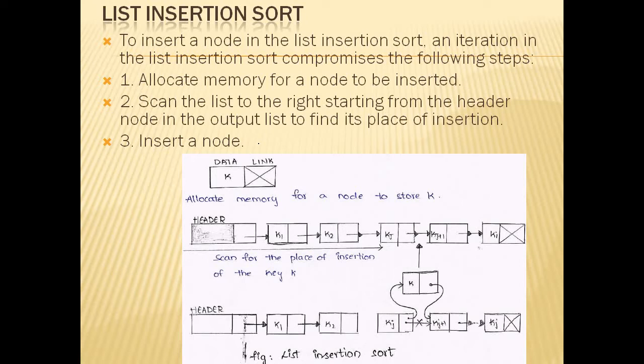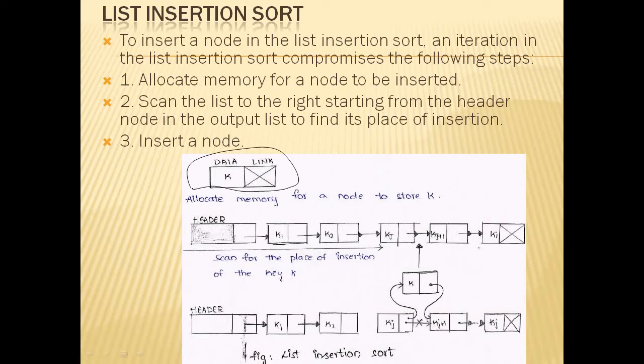In previous classes we discussed what a linked list is. Earlier, straight insertion sort worked for arrays; list insertion sort works for linked lists. Here every element contains data and a link to the next element.